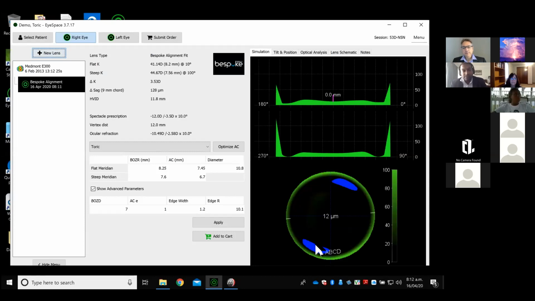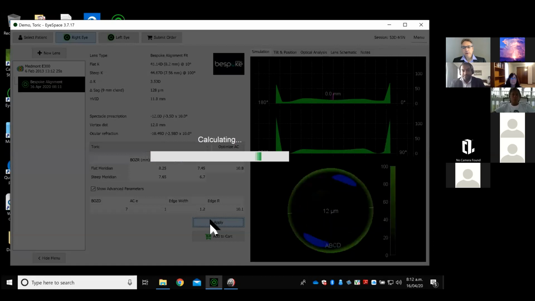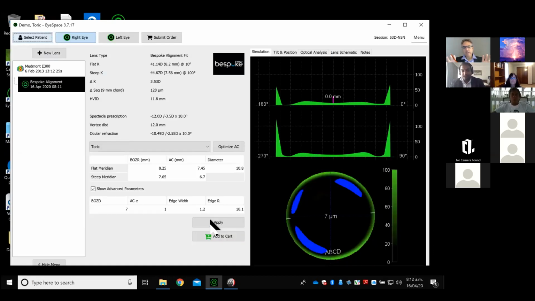So the easiest way to fix this is just to flatten the steep meridian. Where it says 7.6 on the steep meridian, we're going to flatten that by 0.05. So Jagger, if you want to put in there 7.65, we click apply. What we should be seeing now is the weight distribution slowly moving towards the horizontal.